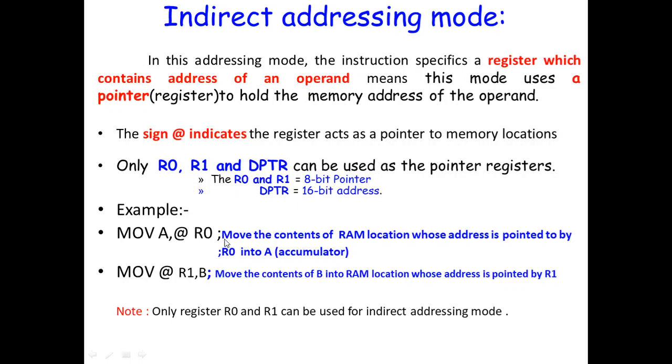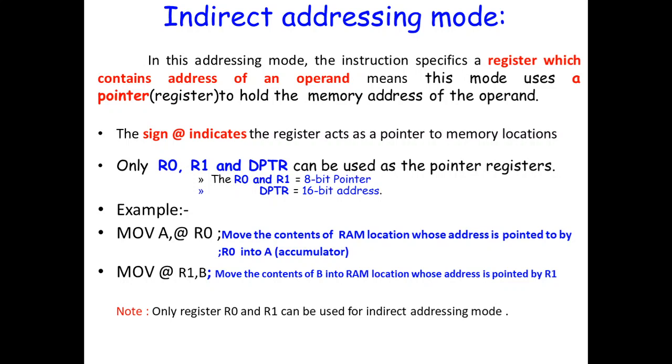First, my problem statement is: move the content of the RAM location which is pointed by R0 into the accumulator. I want to transfer the data from memory which is pointed by R0 into the accumulator.